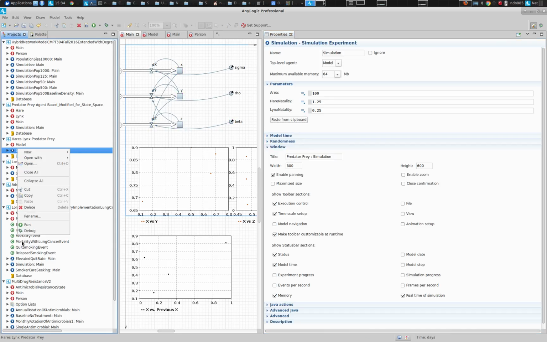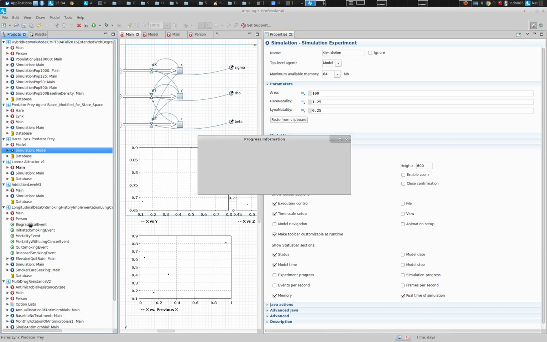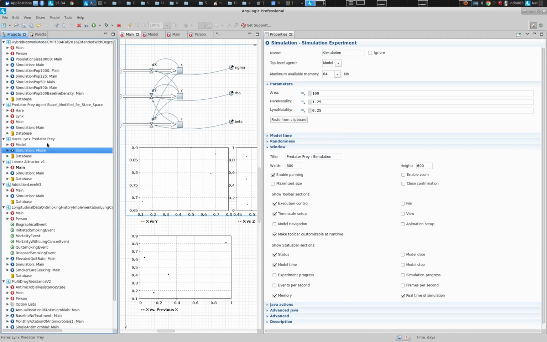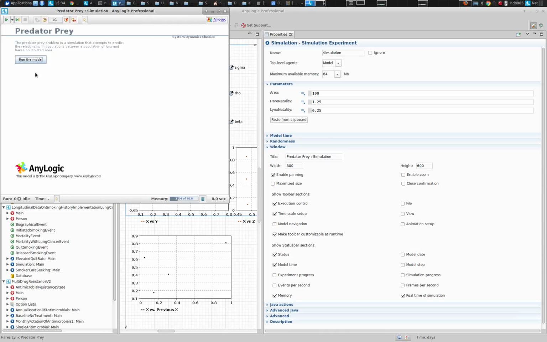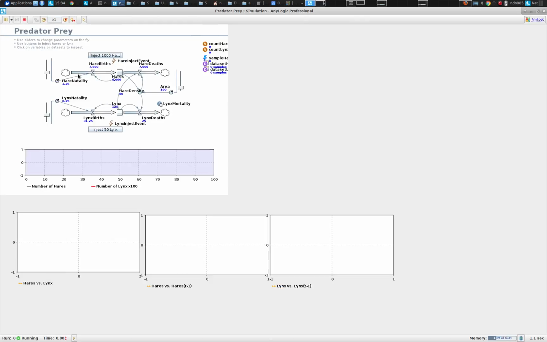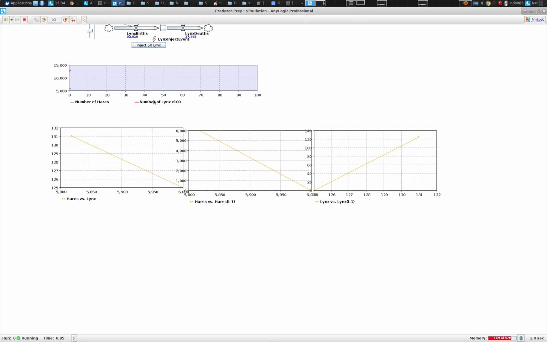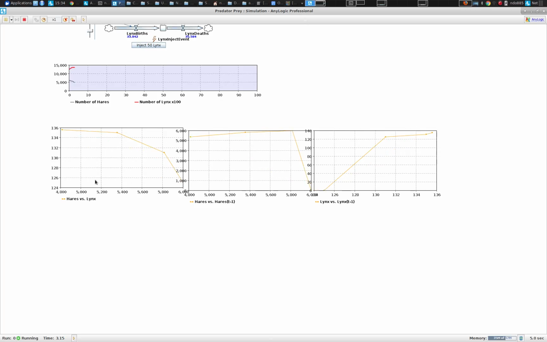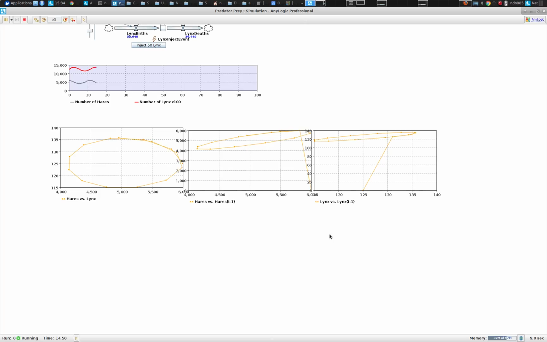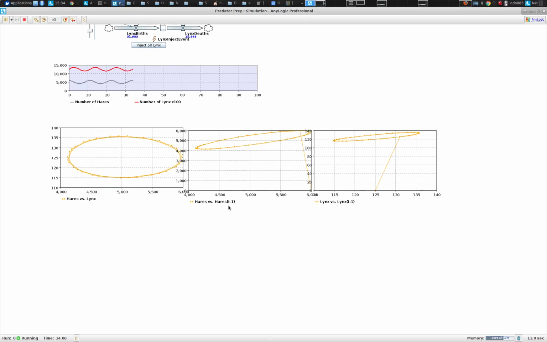You'll notice that within each of these models, I have depicted the state space, and for most, I've depicted this alternative space, which I kind of waved my hands at. So here's hares versus lynx. We're running it out, and here's hares versus a delayed version of hares.